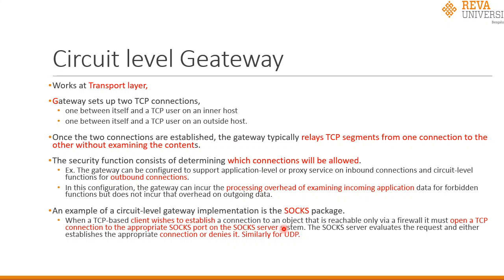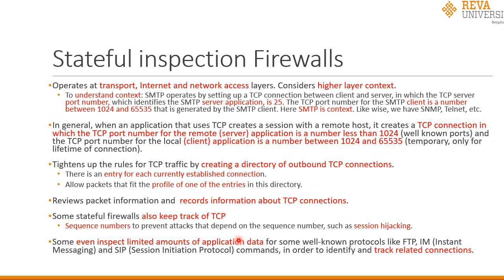That is, any client wishing to communicate must open a connection with the SOCKS server system. The SOCKS server evaluates the request and either establishes the appropriate connection to the remote server to which the client is connecting, or it can deny it. Similarly, it will happen for UDP connections.